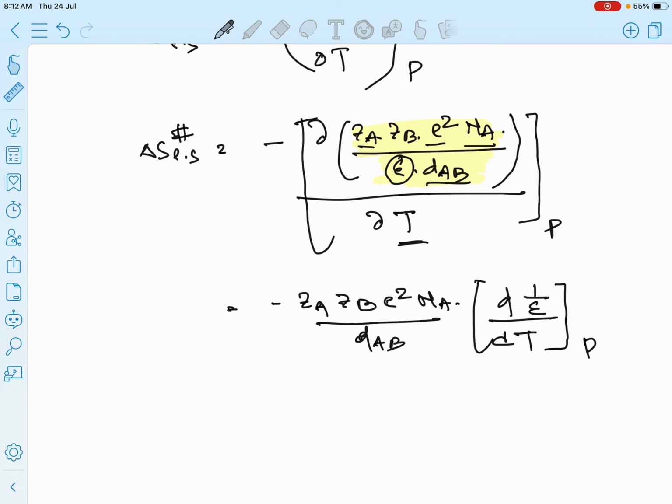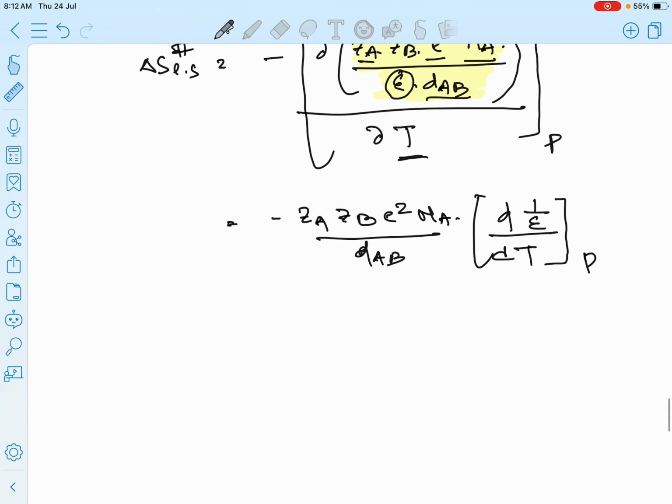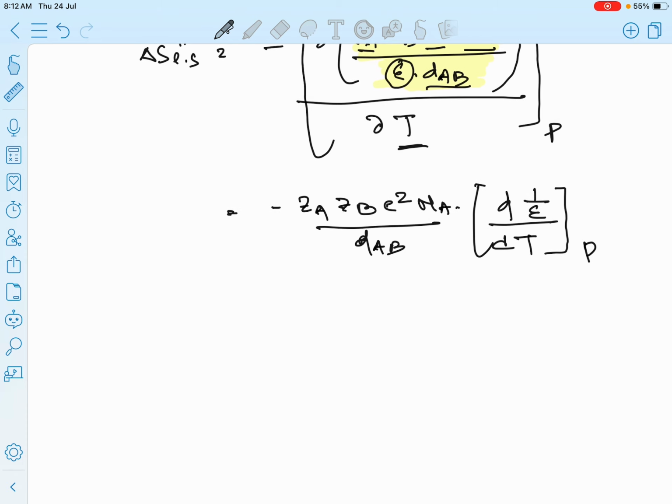Okay, so now what is the differentiation of 1 by x? The differentiation of 1 by x is n x to the power n minus 1. What is the power of x? Epsilon is there, minus 1. Therefore n is minus 1, that is epsilon to the power minus 1 minus 1, that is minus 2, that is 1 by epsilon square.